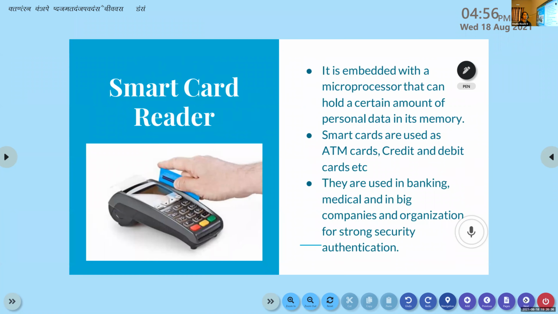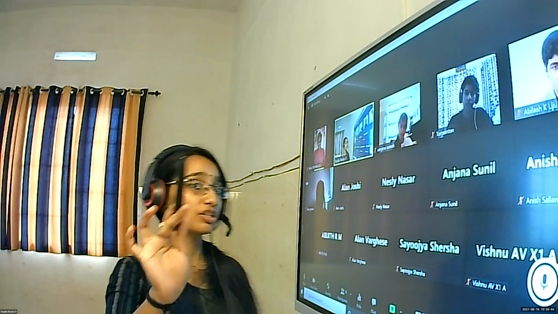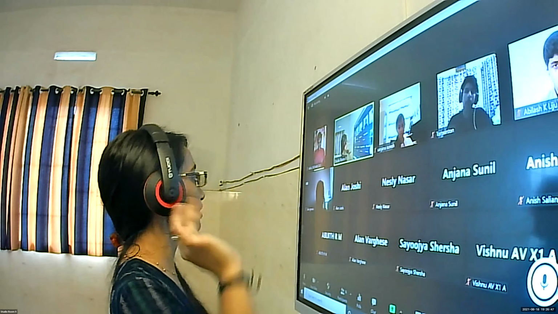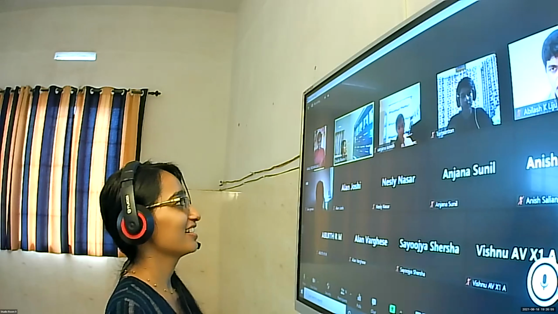What is this? Smart card reader. You all will be using this, isn't it? Yes, we can stop. You are not using smart card reader, you are using smart card. Yes. What is that? Card means we can pay the money for buying things from the market. Yes, excellent.